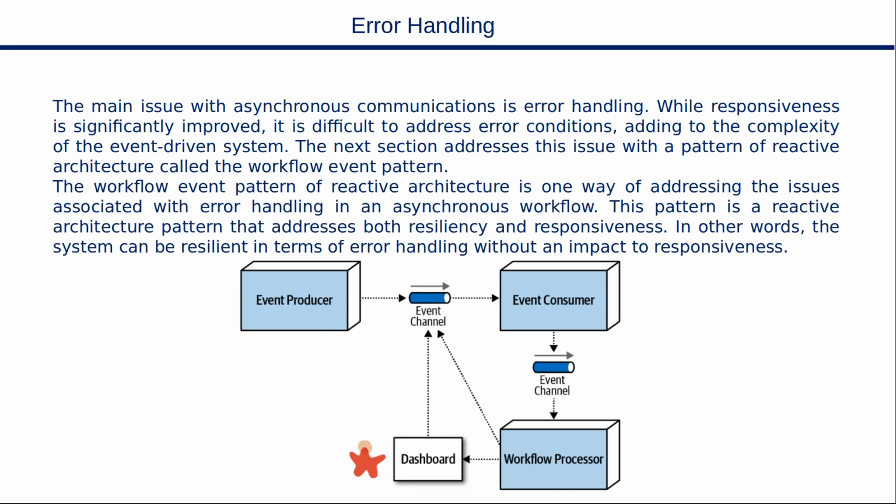And in these cases, the workflow processor sends the message to another queue, which is then received by what is usually called a dashboard or something like this, an application that serves as a notification that something went wrong and the workflow processor is not able to fix it. So it can be the support team or admin team that will be notified that there was an error.